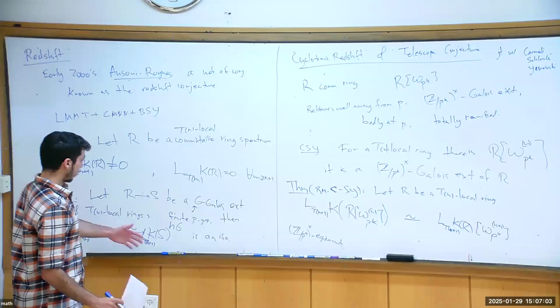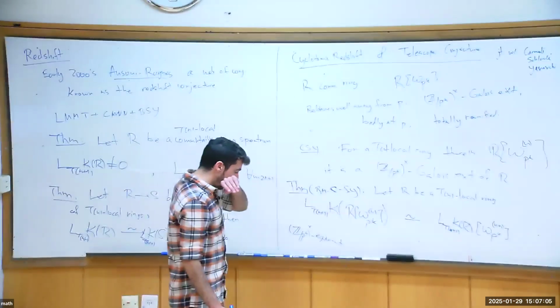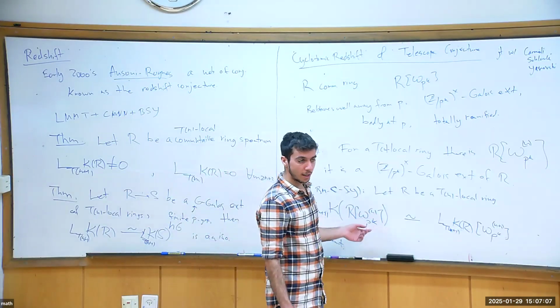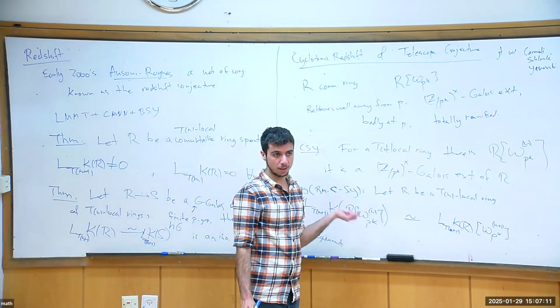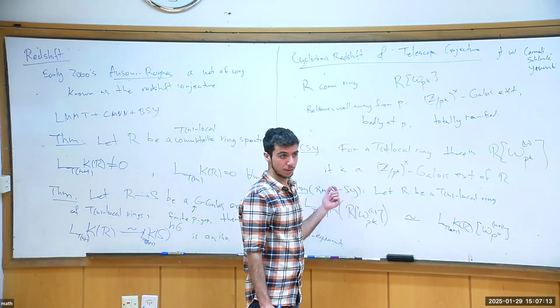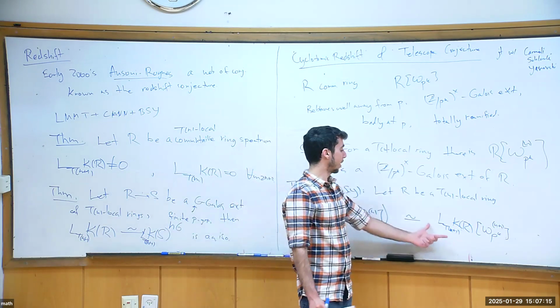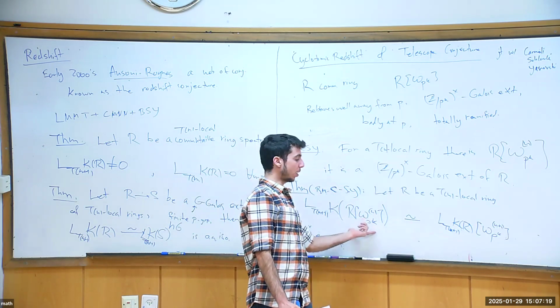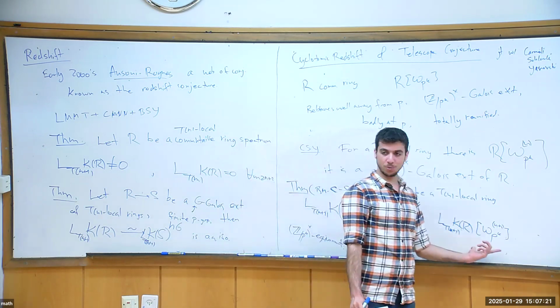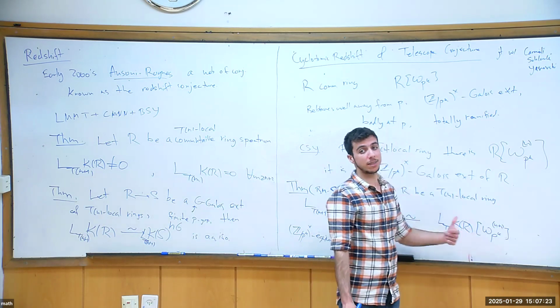And just note that, for example, let's think about the case k equals 1. Then this is a (Z/p)^*, namely C_{p-1}, Galois extension. So this tells you that it takes this C_{p-1} Galois extension into a C_{p-1} Galois extension. And in fact, it tells you which one.